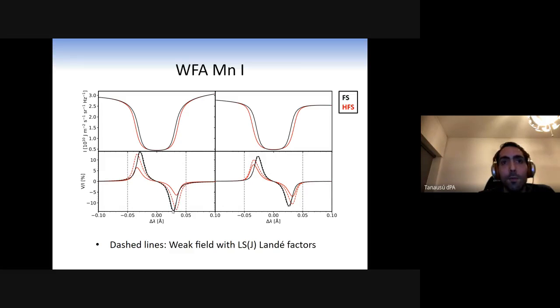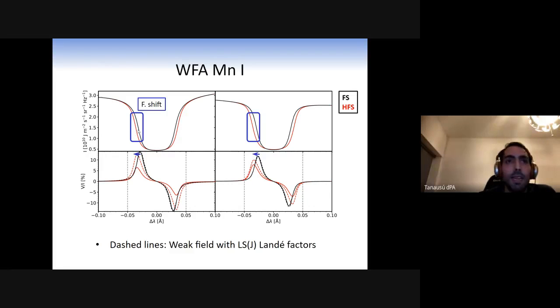And we see that if there was no hyperfine structure, the fit would be quite good. Now, if we include the hyperfine structure, we get the solid red curve. The first effect that we see is produced by the shift in the hyperfine structure.